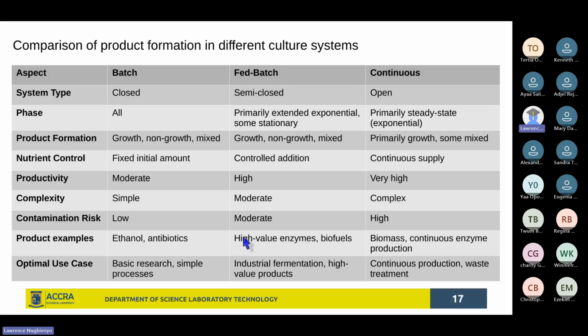So the first is the type of the system itself. You realize a batch system is a closed system because you add everything in there, you close it and leave it till the end.